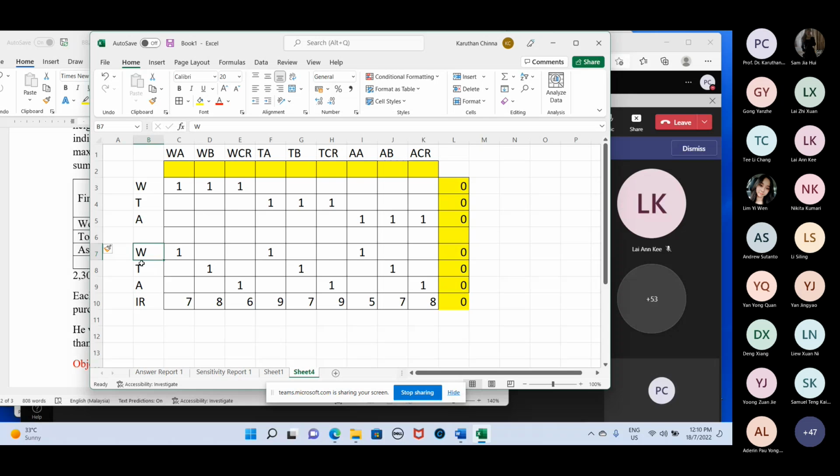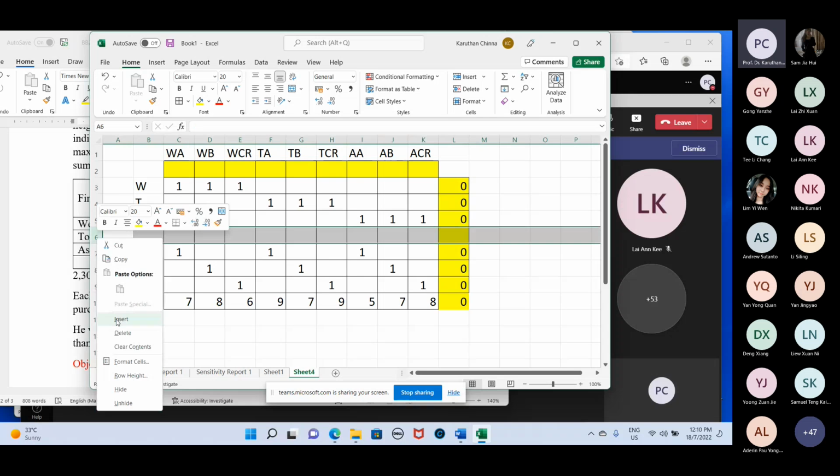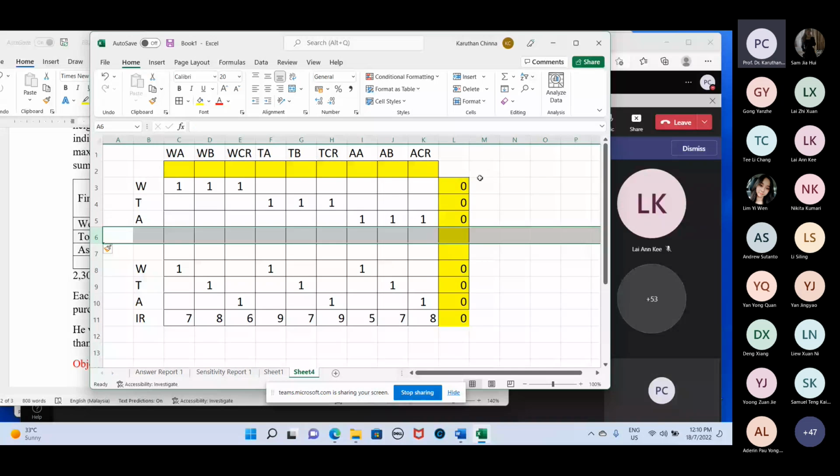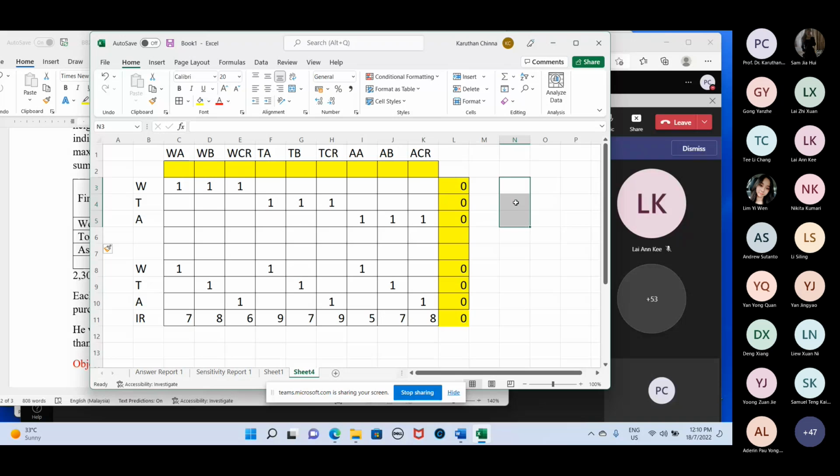You want 2 rows? Okay, leave it there. Okay, what goes here? What goes here? How much they're willing to give, isn't it?